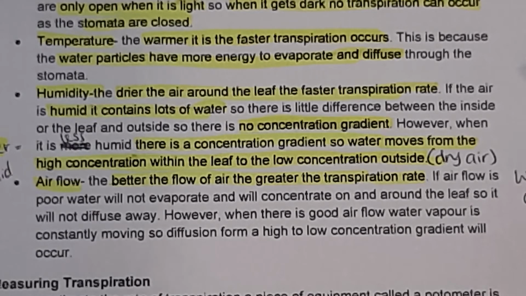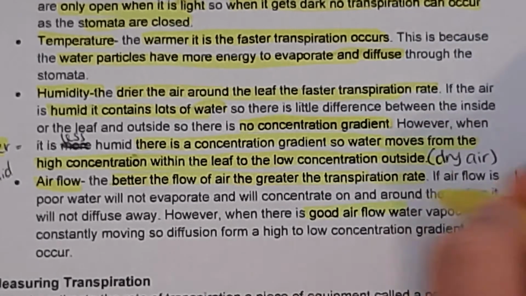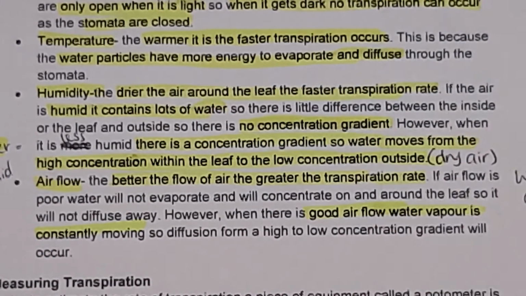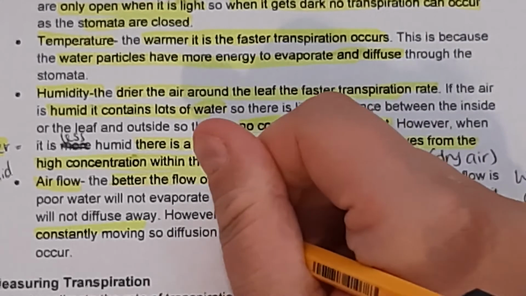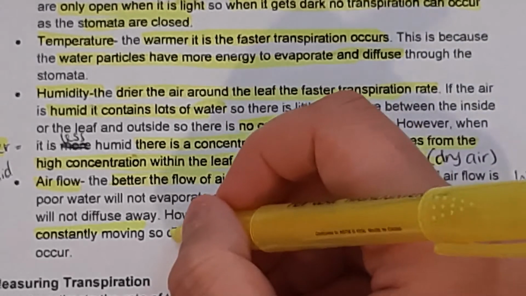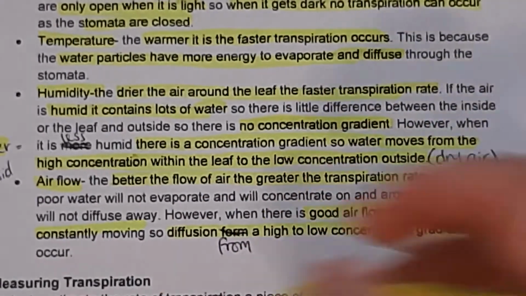However, when there is good airflow, water vapour is constantly moving away from the leaf. So diffusion forms a high to low concentration gradient, and that's how it occurs.